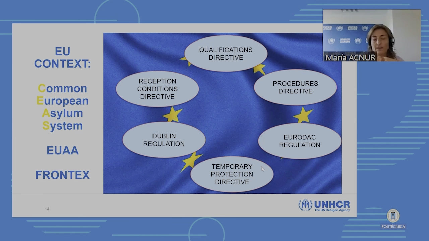So they are the European Union agency to support countries in their asylum systems, and with the aim of harmonization of practices and of laws around refugee protection in Europe.